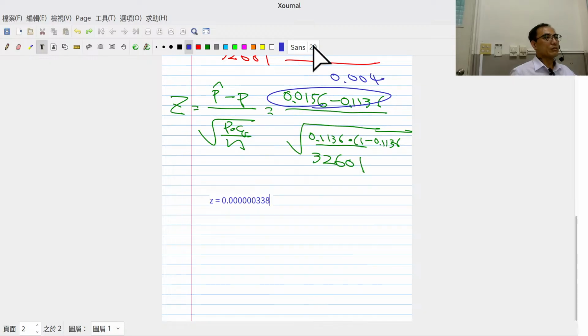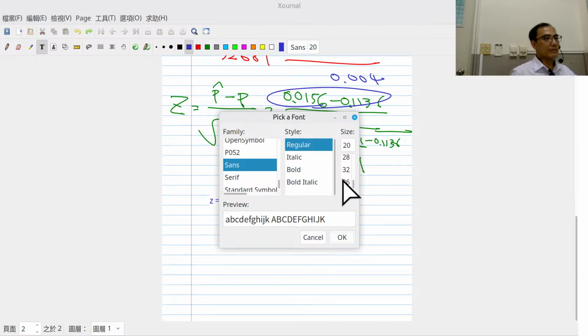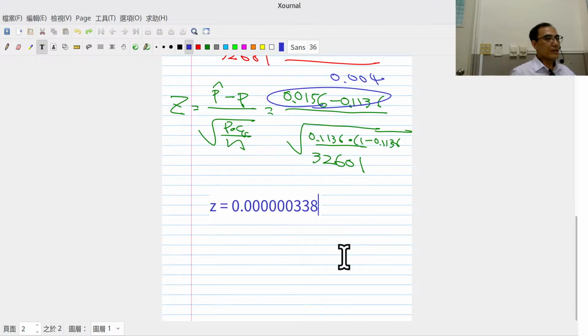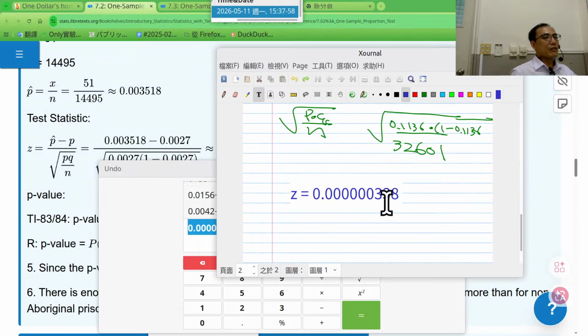Nope, I think it's not big enough. After the calculation, the z-score is like this. How do you think about this number?